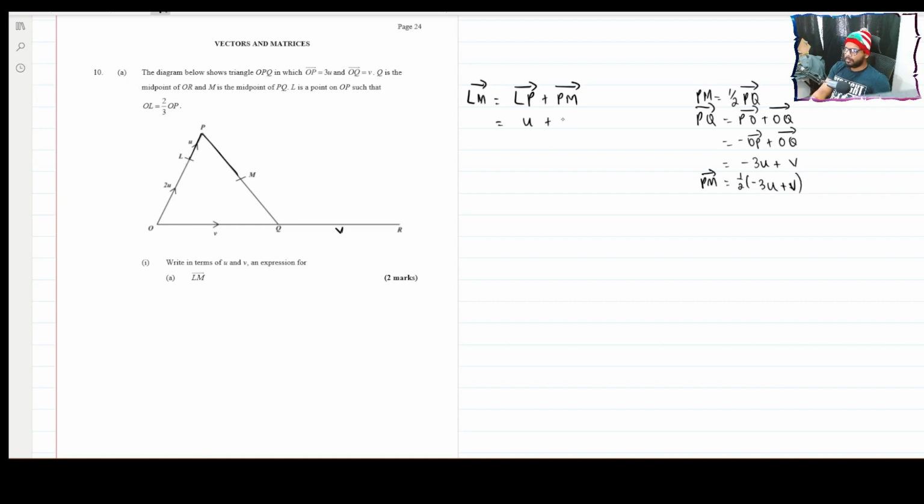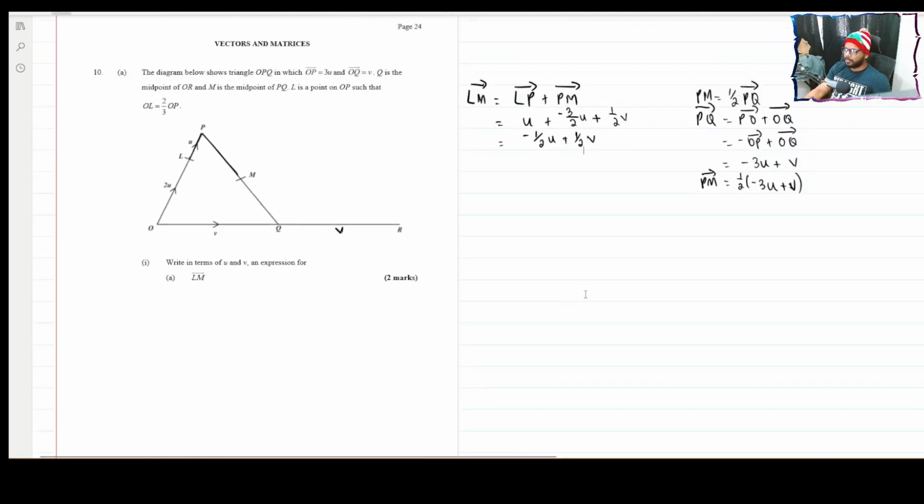So u plus minus 3 over 2 u plus 1 over 2 v, which is equal to 1 plus negative 3 over 2 u, which will give us minus 1/2 u plus 1/2 v. Good. That's LM.